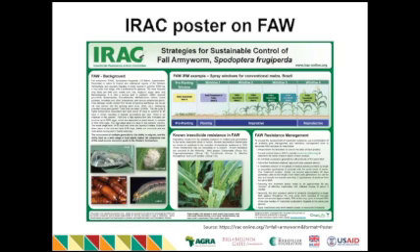It's also possible to take this file, and it's a PDF file that one downloads from the IRAC website, and also print it as a poster, which you could use, for example, in an agro dealer shop, in an extension office, a building, places like that. One can print out the poster and put it up on the wall if you like, for people to see and to read.